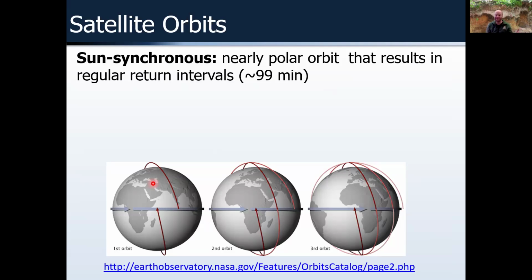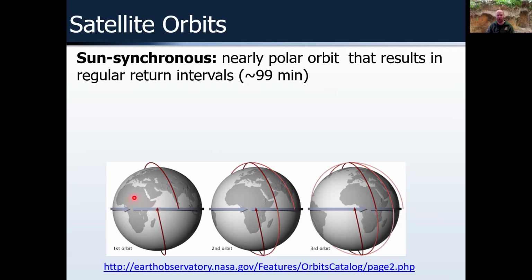One is called sun synchronous. These satellites have a nearly polar orbit. They orbit around the Earth and return to the same exact latitude approximately 99 minutes later, which, if you think about it, is pretty darn fast.